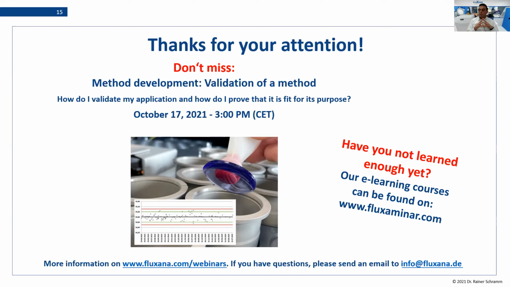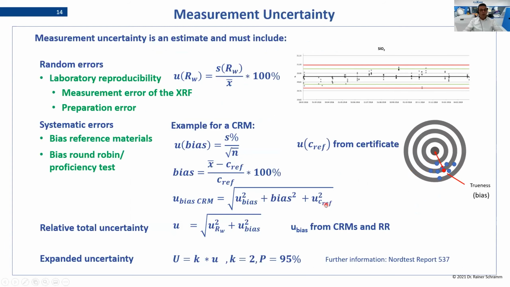Another question for measurement uncertainty: what about the uncertainty coming from the calibration line? This is a good question. When you do it in that way, like I described, then of course the calibration is included for the concentration we consider here. And the moment you take several samples which are measured at different concentrations, automatically the uncertainty from the calibration is included.